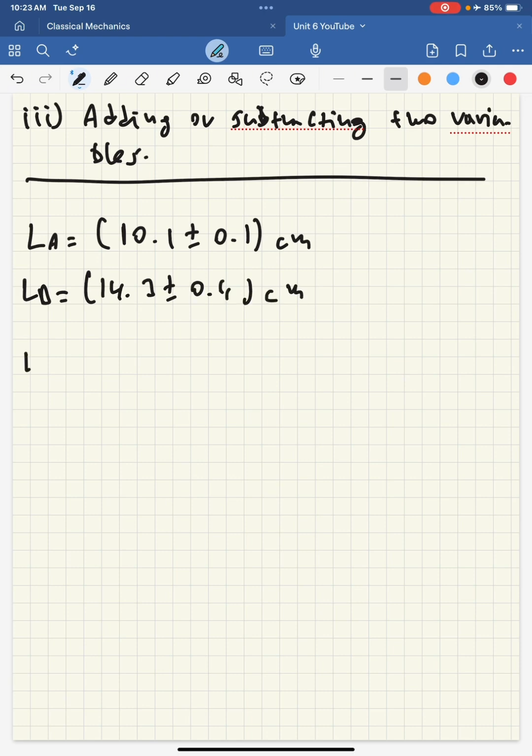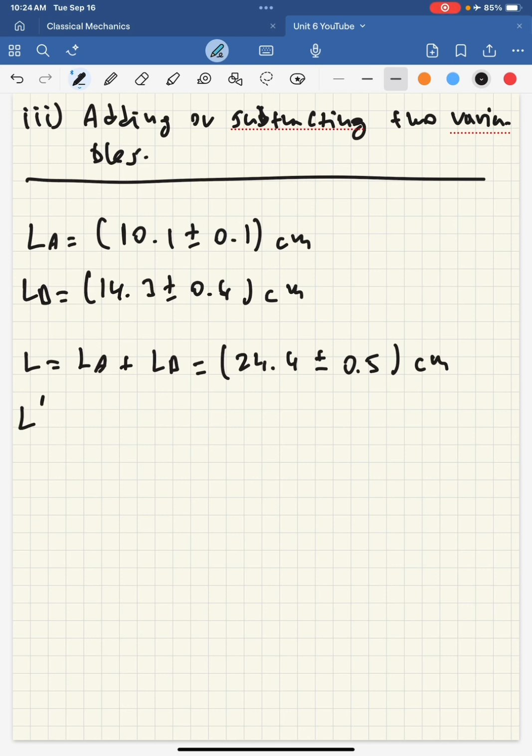The total length is length A plus length B, so that gives you 24.4, and then plus or minus what? You just add the absolute uncertainties, so 0.5 centimeters.